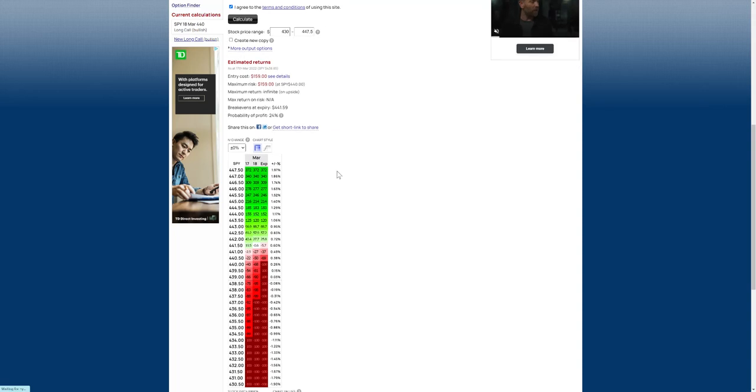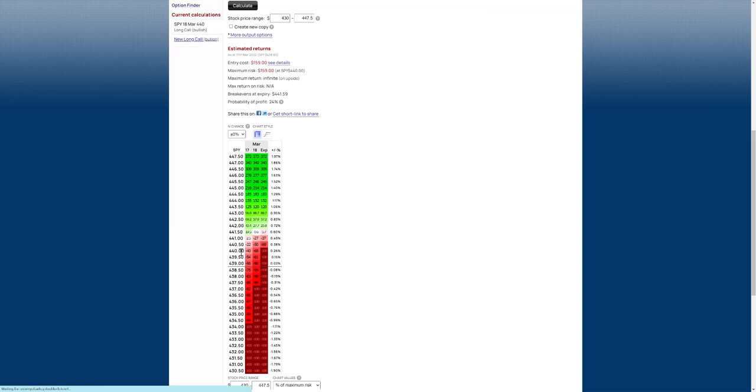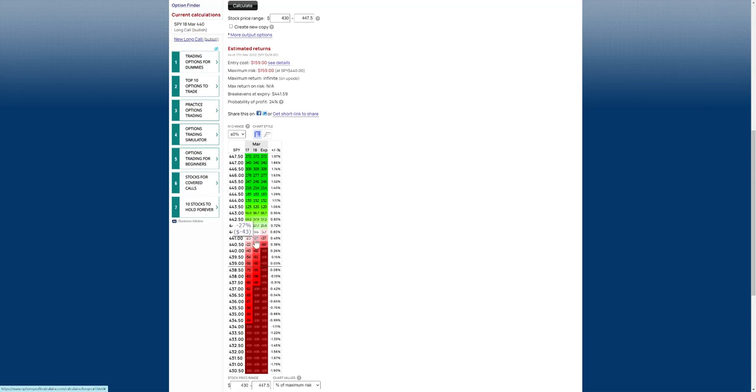Once you calculate it, it'll give you a spread on how you can profit or lose on this trade. It was a 440 call, meaning your strike price is 440. Basically, it says your break-even is only at 441.60.